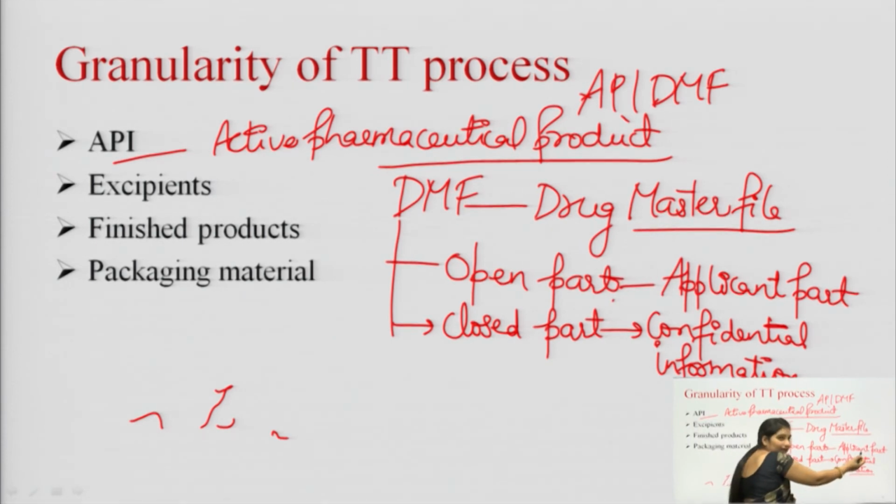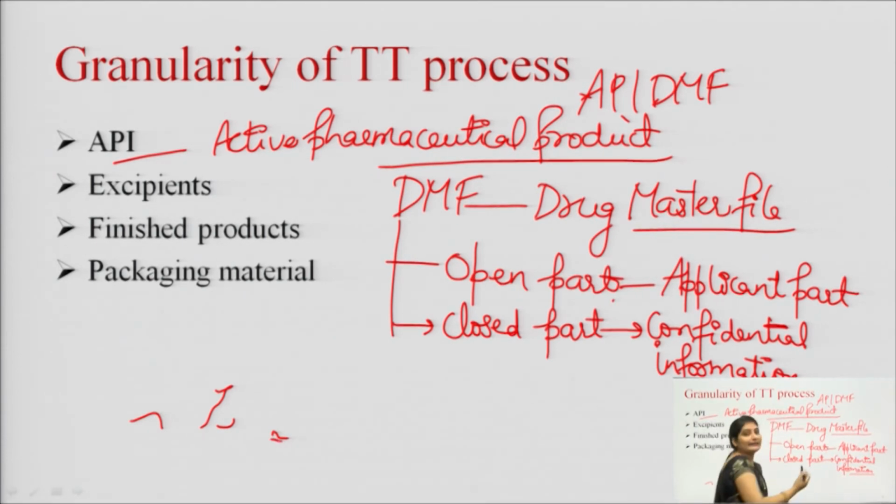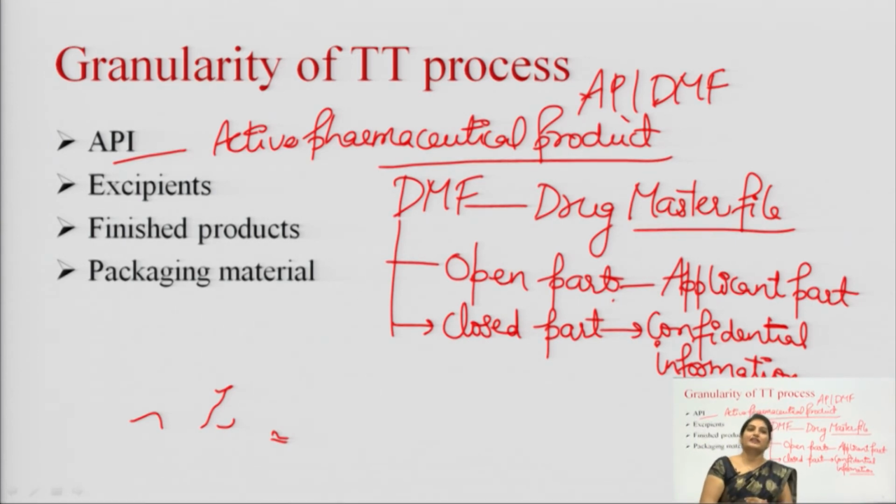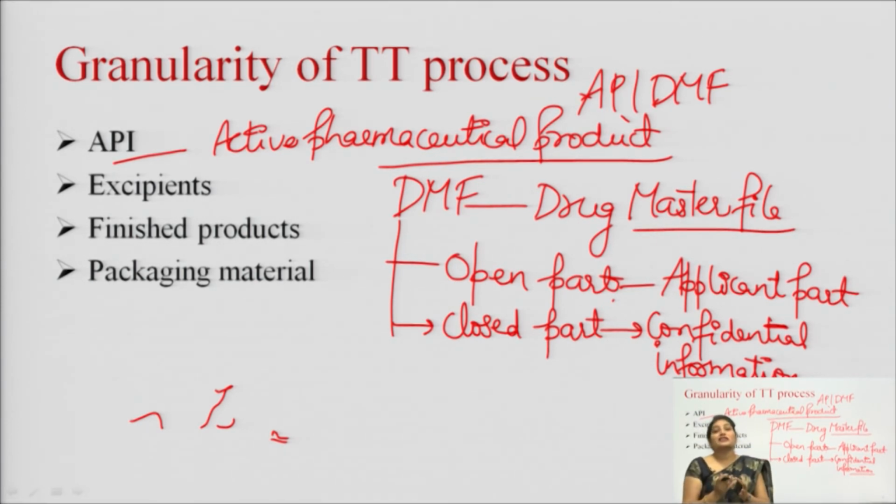Open part is the applicant part and closed part contains confidential information that can be disclosed only before the regulatory authorities. Okay. So, all the information related to the API means its particle size, distribution, its dissolution criteria, its extensive properties, its bulk properties, its compaction properties, its safety hazards, should be transferred from the sending unit to the receiving unit.